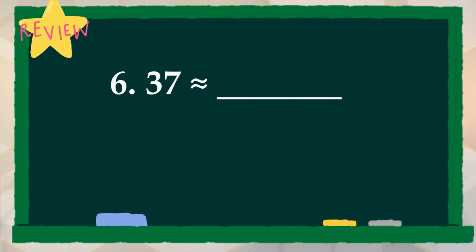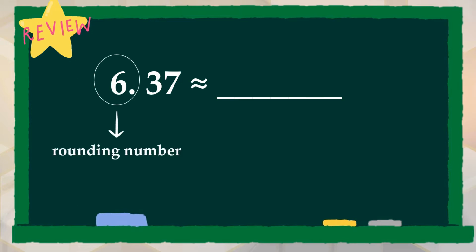Here's a recap of our lesson about rounding off numbers. 6 and 37/100ths is approximately equal to what number? 6 is the whole number or the rounding number, while 3 and 7 are decimal numbers. The highest place value, which is the rounding place, is 6. To round it off, look at the digit on the right side of the rounding place.